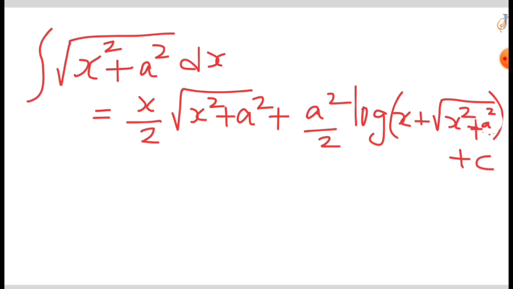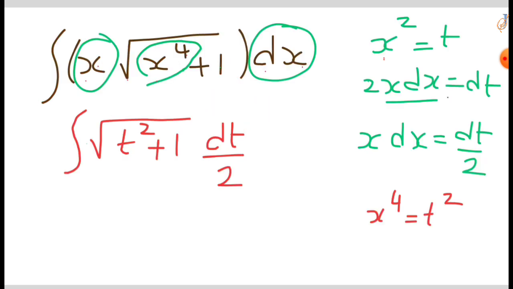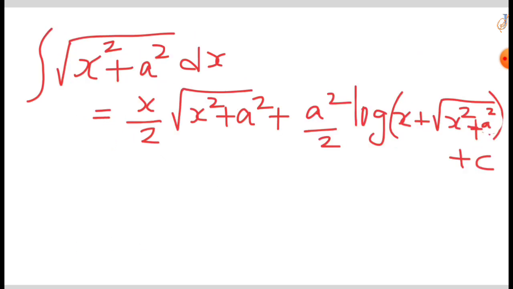This is the formula for the square root of x power 2 plus a power 2. In our expression, we have square root of t square plus 1 square. Here x value is t and a value is 1. So let's substitute in this formula.